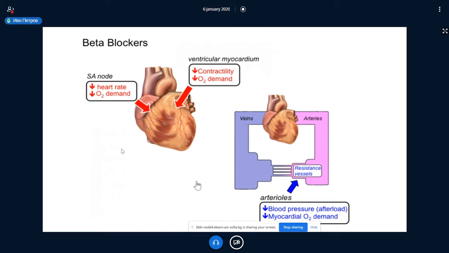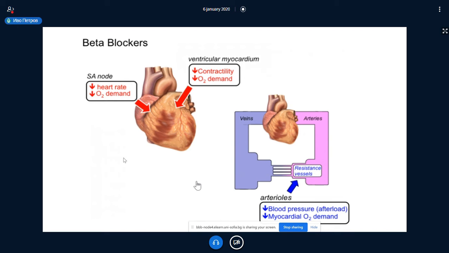Because of that, the medications that prolong the diastole, like beta blockers, non-dihydropyridine calcium channel blockers, and also ivabradine, improve the oxygen supply because they prolong the period of time in which the heart is receiving blood and oxygen.